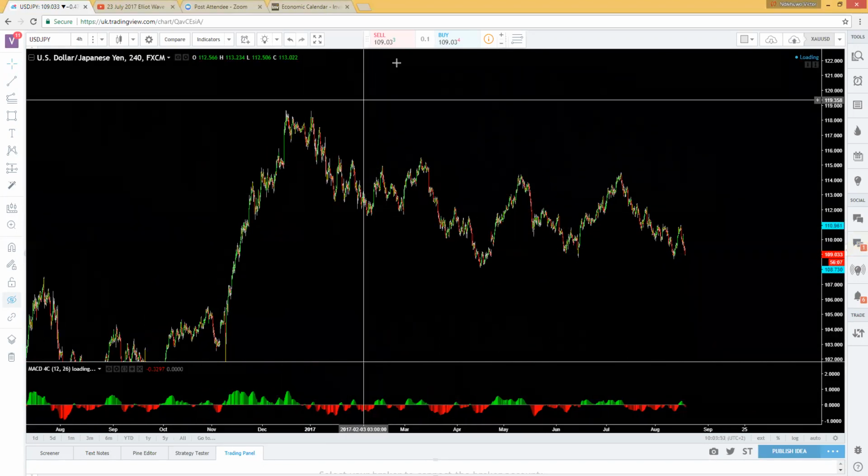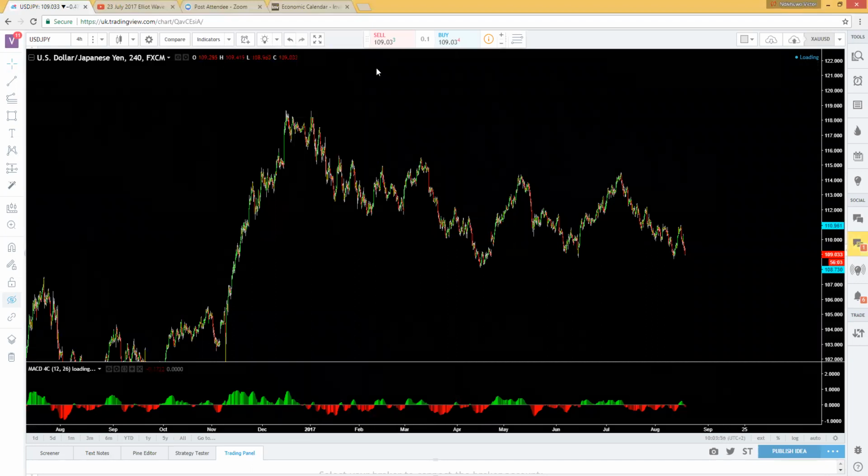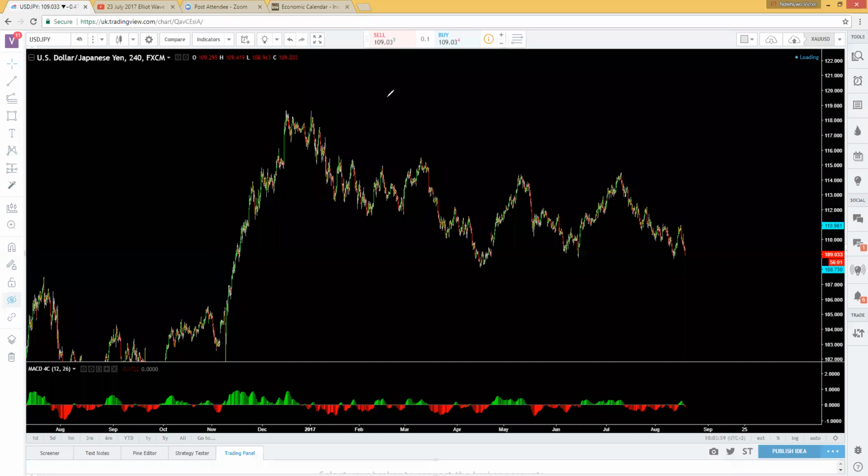So the first one that I showed you, again, for clarity, don't mind me repeating, I want it to be clear. I'm just going to show you the first one after this one. So I showed you this one and that, and then I showed you this one and that. But what you didn't see on the lower time frame is that we also have this one and this correction here.